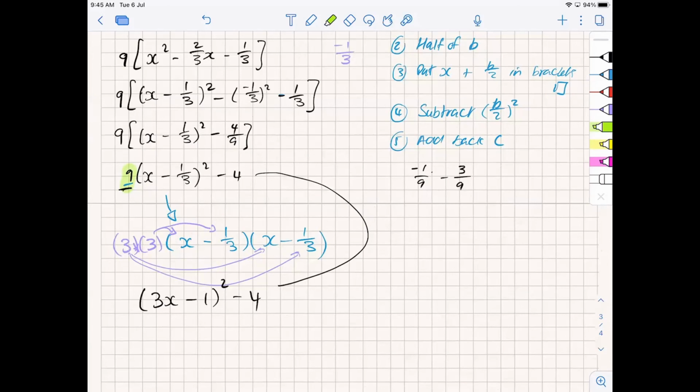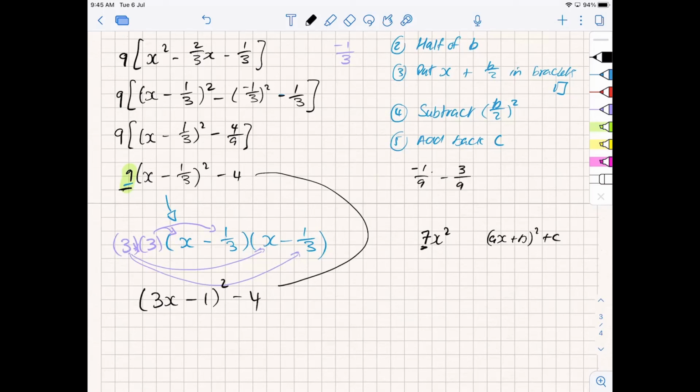For instance, if this number in front of x squared happens to be 7x squared, if I wanted to write that in the form ax plus b squared plus c, how would I share 7 evenly? Dominic, what would it be? That would have to be 7/2.